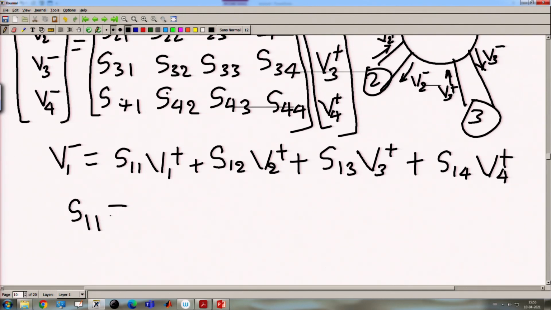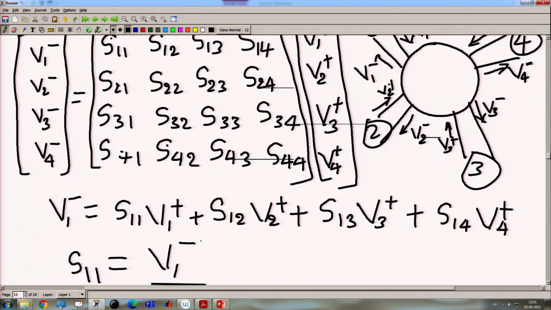S11 equals V1 minus divided by V1 plus, when V2 plus, V3 plus, V4 plus equal 0. That means all ports will be terminated with match load. In that case V2 plus, V3 plus, V4 plus will equal 0 because there will be no reflection from the load.